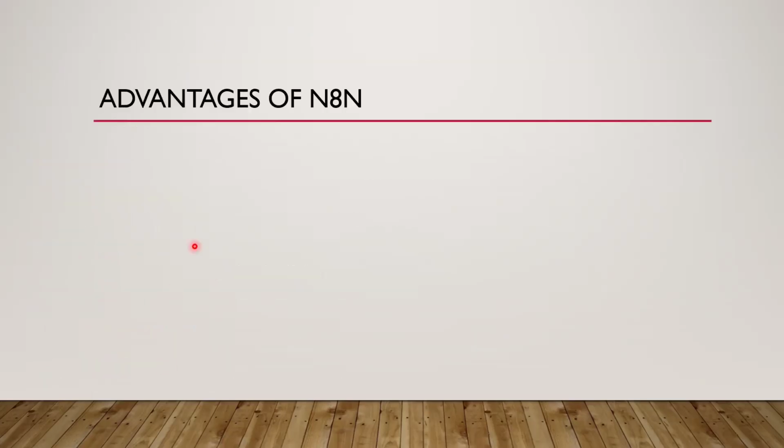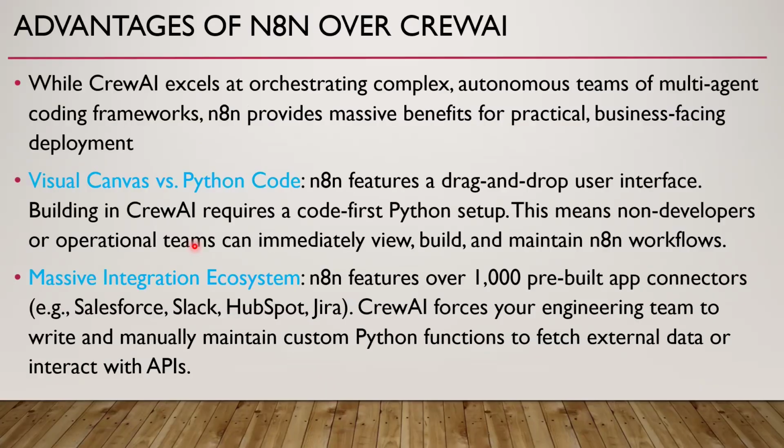So, what are the advantages of N8N over Crew AI and Google ADK? As compared to Crew AI, while Crew AI excels at orchestrating complex autonomous teams as a multi-agent coding framework, N8N provides massive benefits for practical business-facing deployment because it has a visual interface.